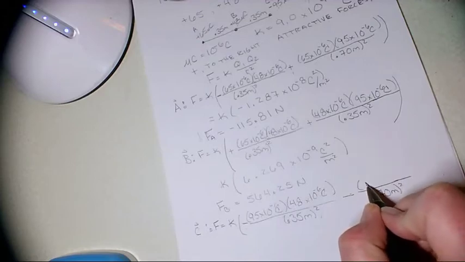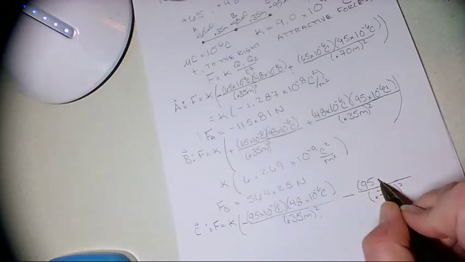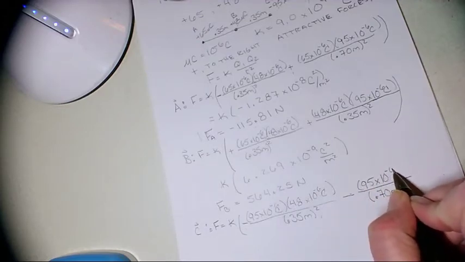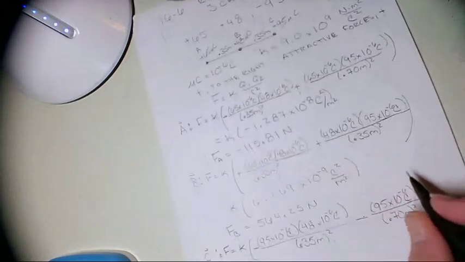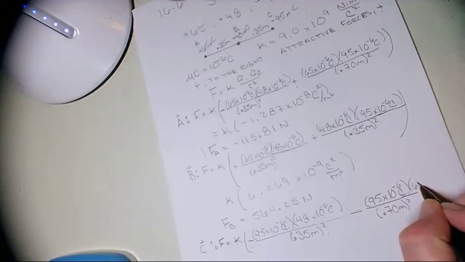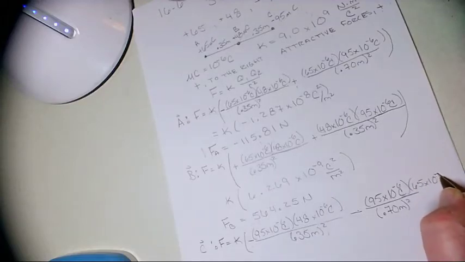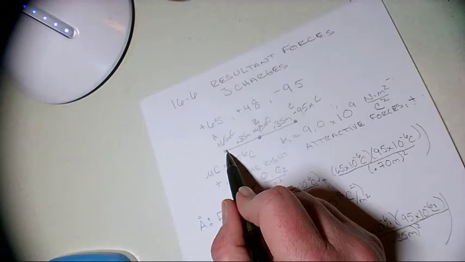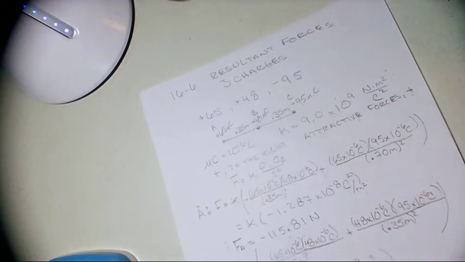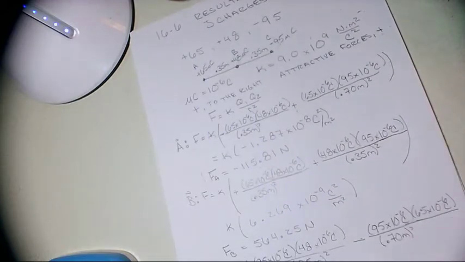And again, we're at the 95 times 10 to the negative 6 coulombs times now our 65 microcoulomb charge times 10 to the negative 6 coulombs. Okay, and negative to positive, so this too is attractive to the left, so it's also a negative sign.